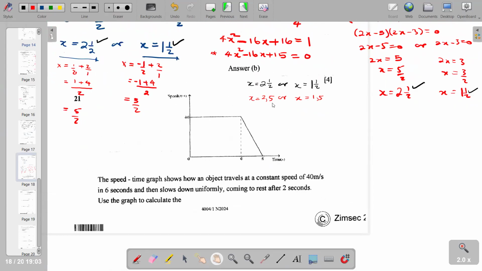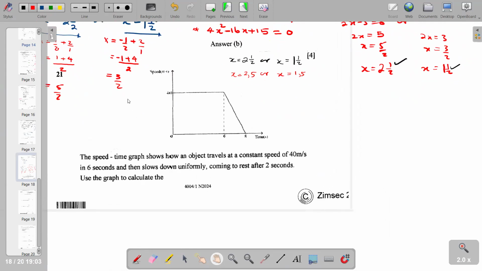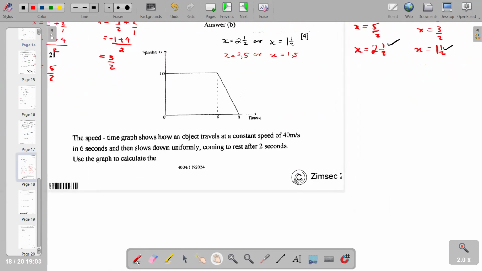Then we go to the next question, which is question 21. They are giving us a diagram. Then they say the speed-time graph shows an object travelling at a constant speed of 40 meters per second for 6 seconds, which is this part. So the coordinates at this point are 6, 40.